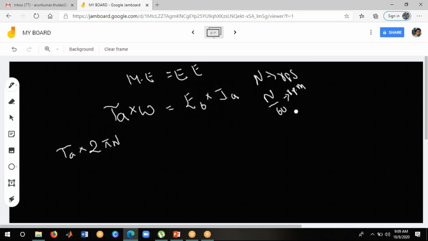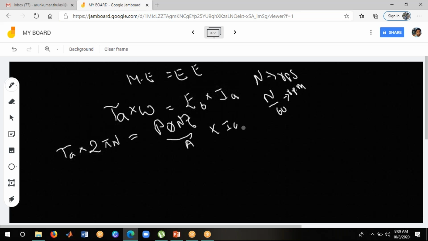So I'm taking n in RPS, and the formula for back EMF is given by P phi n Z divided by A. Actually 60 comes in, but here I'm taking n in RPS. If you take n in RPM, you will get P phi n Z divided by 60A. Just remember that the 60 comes only when you consider RPM. If you are considering the speed in RPS, you do not get the 60 here, into IA.